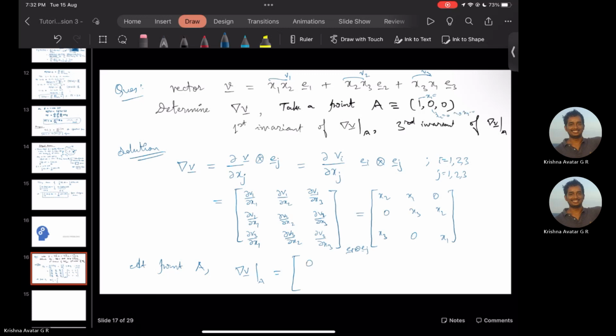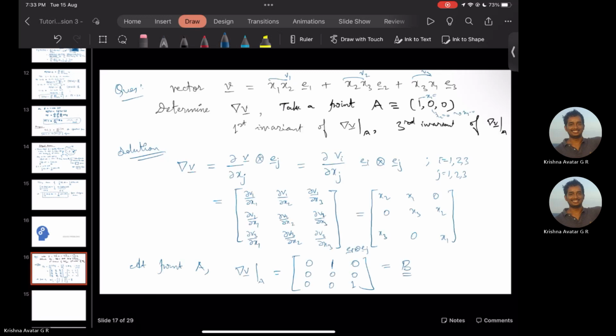So wherever apart from x1, all the other terms are 0. Now let's just call this the B matrix, or B tensor here. This is the matrix representation of it.